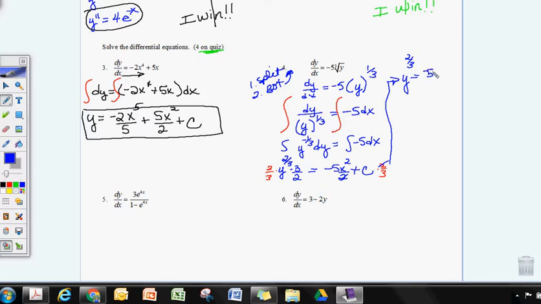Negative 5x squared over 3 plus c. And again, that c value gets multiplied by the 2/3, but I'm not going to worry about that.